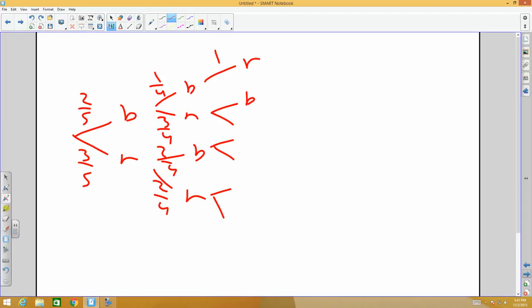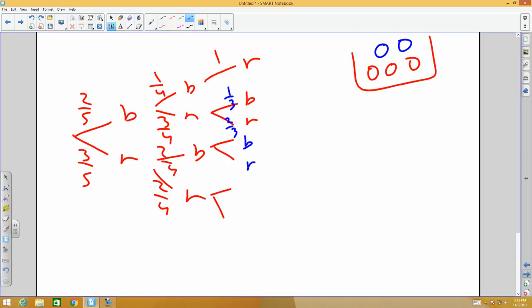And you have blue, red, and now when you reach here, 3 over 4, how many? You took blue and red, so you have 3 red and 1 blue left. The chance of getting blue would be 1 over 3, and this would be 2 over 3. And this is again blue, red.